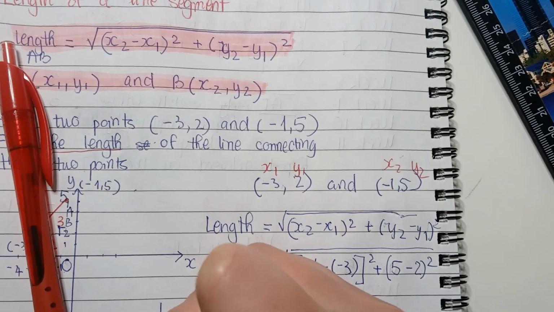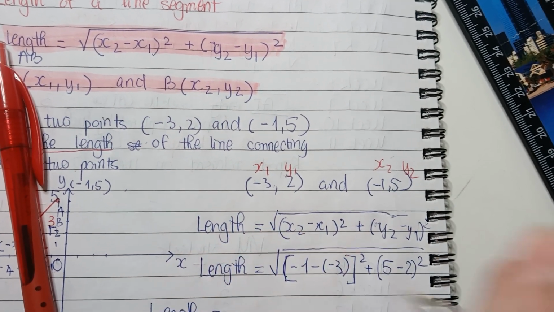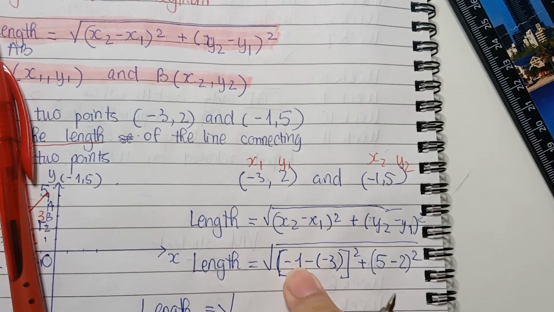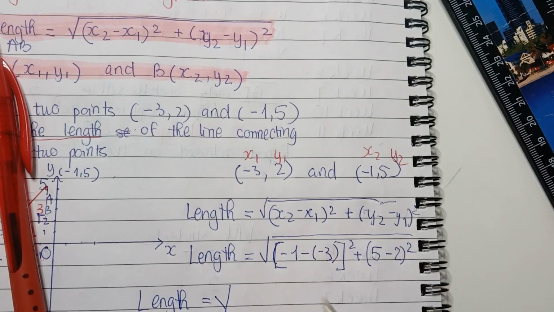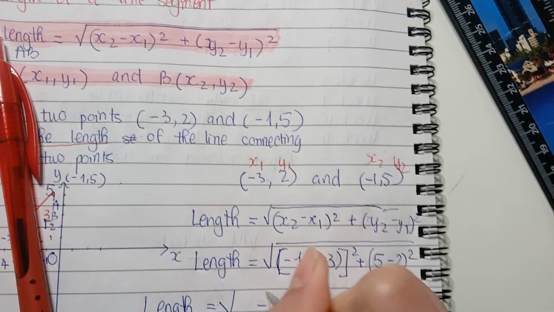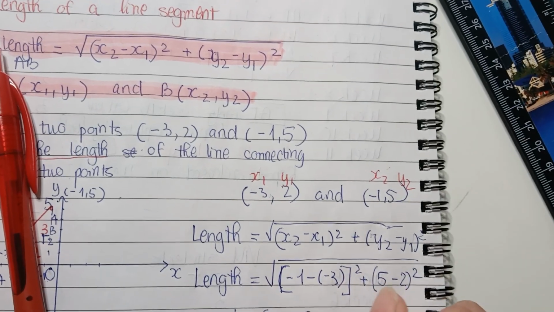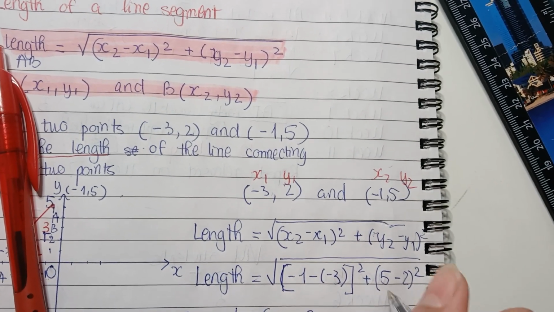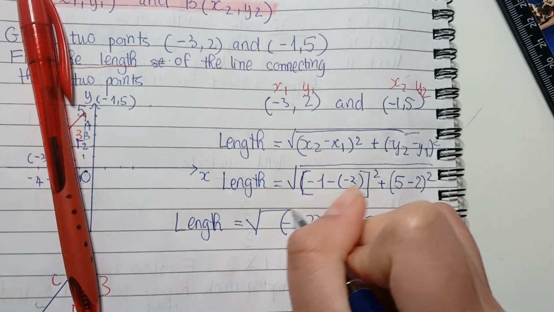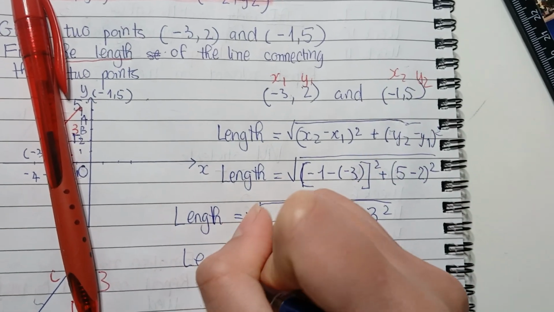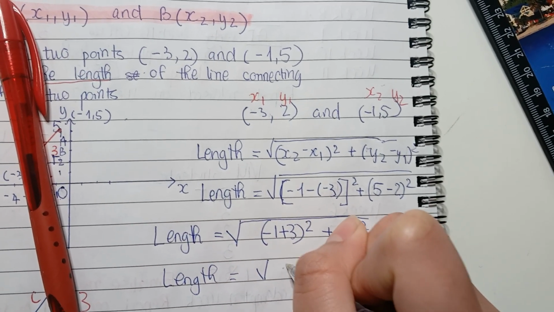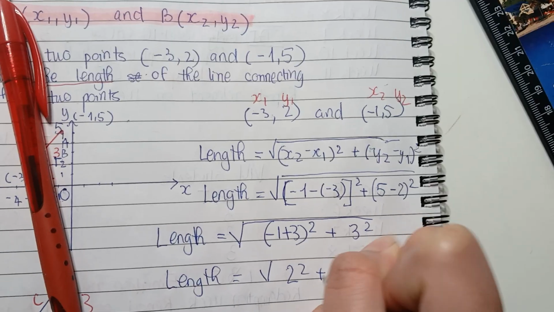So the length will be equal to square root of, now we'll work it out. -1 minus -3 becomes -1 plus 3, which is 2. And 5 take away 2 is 3. The length would be square root of 2 squared plus 3 squared.